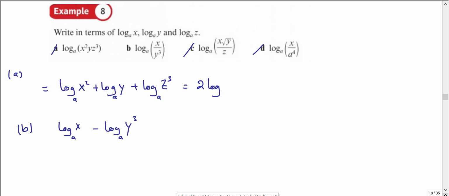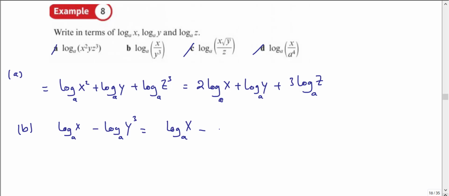You make it 2 log x base a plus log y base a plus 3 log z base a. Here it's the same thing. It will be log x minus, how much, Adam? Bring the power down, 3 log y base a.